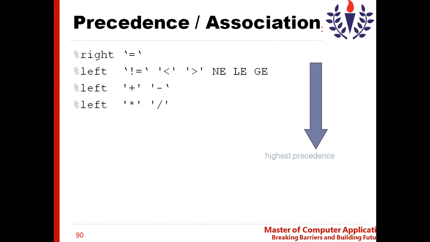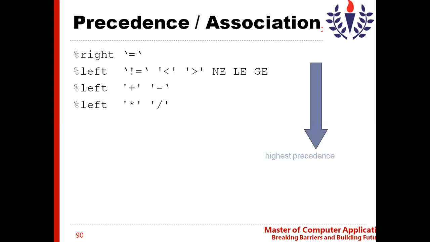With this %left, we have the operators plus and minus, and with another %left, we have the operators multiplication and division. Why are we not giving all the operators plus, minus, multiplication and division in the same line? The reason is multiplication and division have a higher priority than plus and minus.